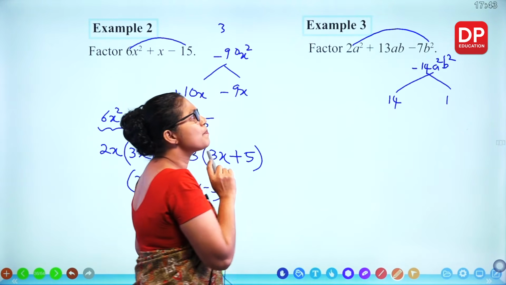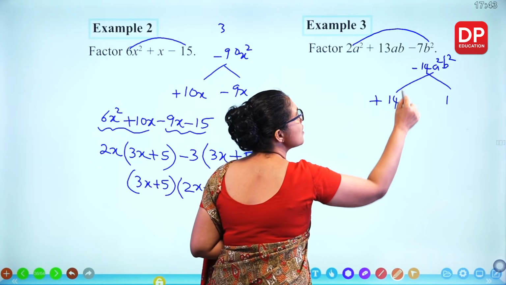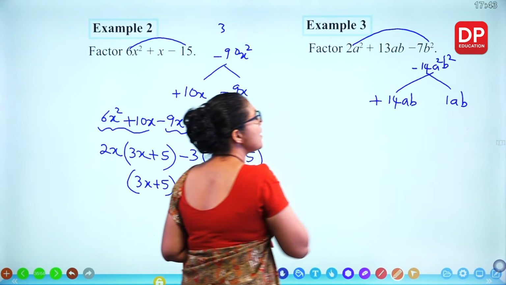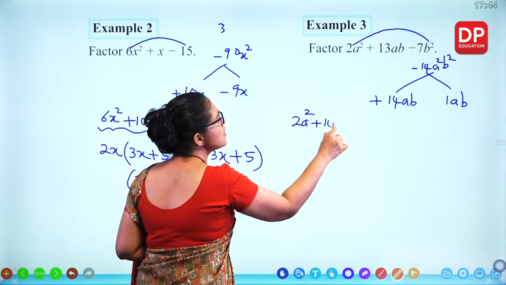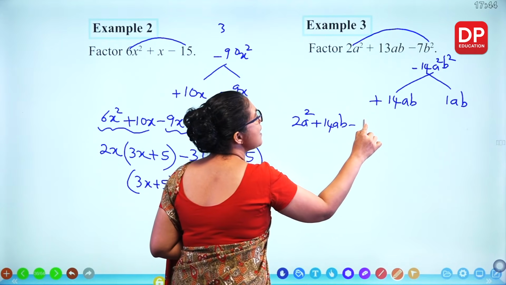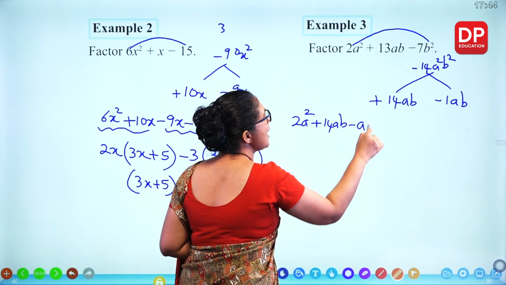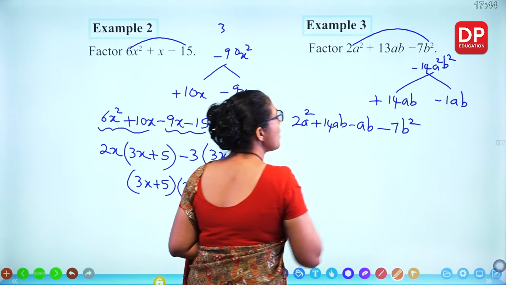The middle term is positive, that means the larger number should be positive. So here you need 14ab and 1ab. So split the middle term to plus 14ab and this should be minus ab. And the other one is minus 7b squared.